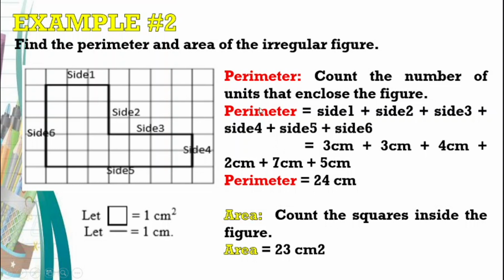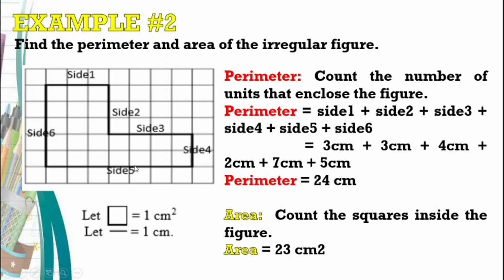So we have side number 1, side number 2, side number 3, 4, 5, and 6. For side number 1, we have 1, 2, 3. This would be 3. Then for side number 2, we have 1, 2, 3 also. For side number 3, we have 1, 2, 3, 4.